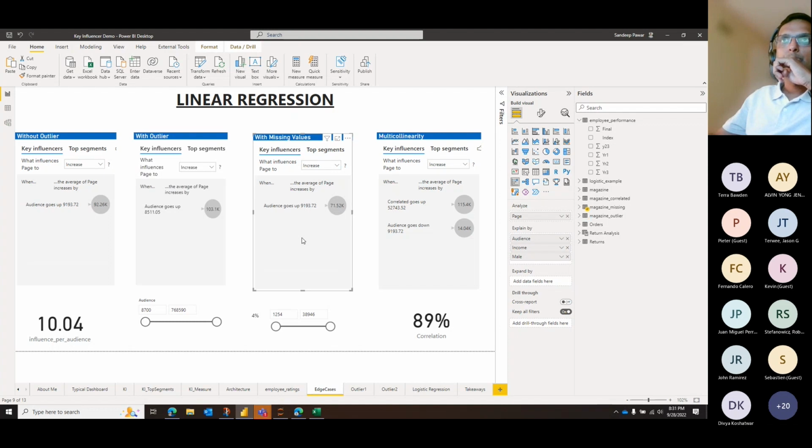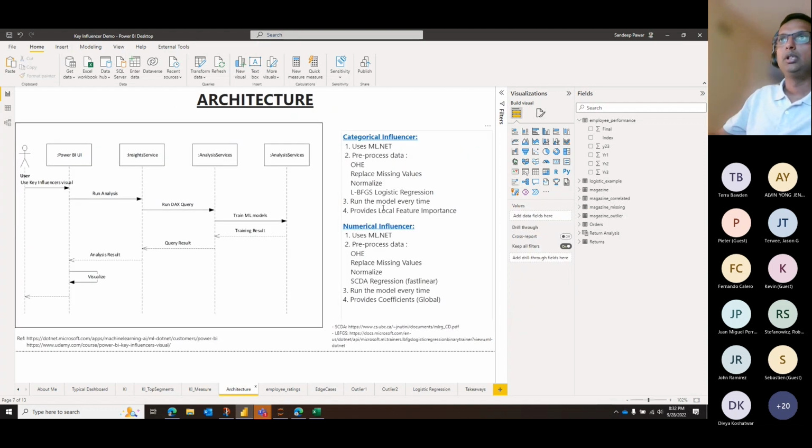Using missing values: I deleted some of the values and artificially created missing values in here. If your data is not clean and has some missing values, key influencer visual will not give you any errors. In fact, worse than that, it will actually impute the values. If I go back to the architecture, you'll see that it says replace missing values.